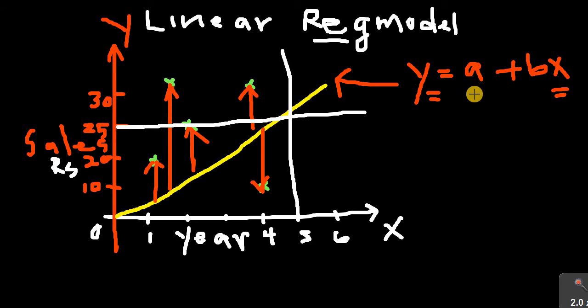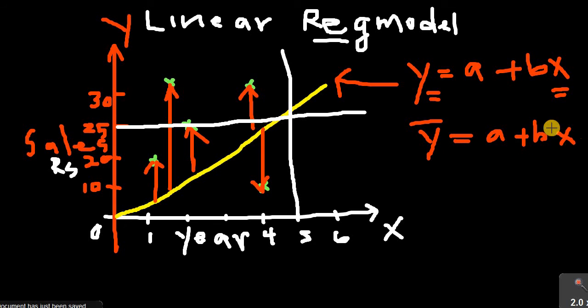There is a formula to calculate a and b. If you find a and b, then we can get the value of y when x is given. So the formula would be like this. The mathematicians say that y bar equals a plus b into x bar.